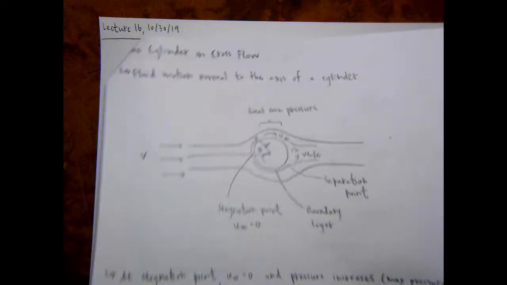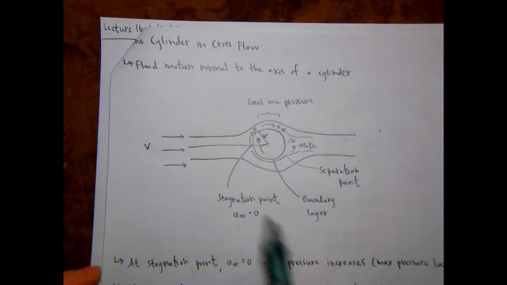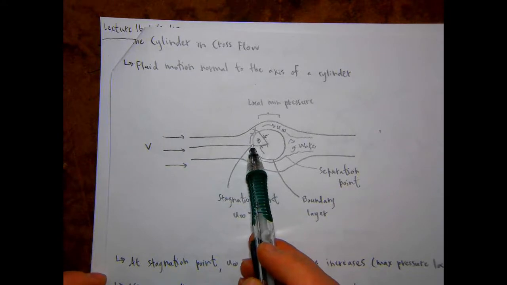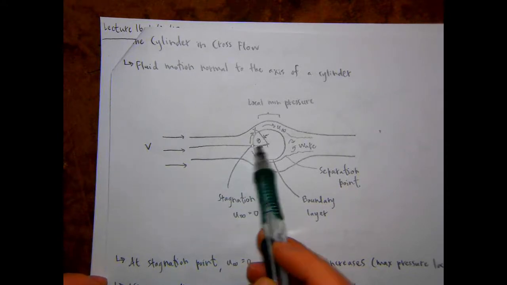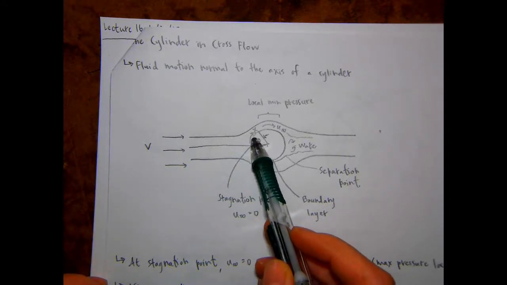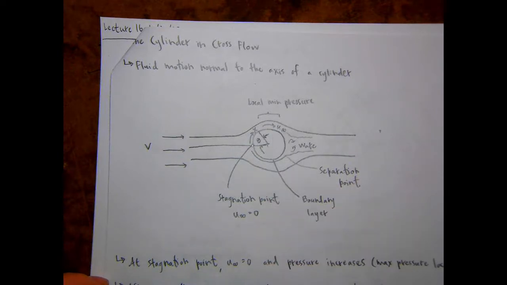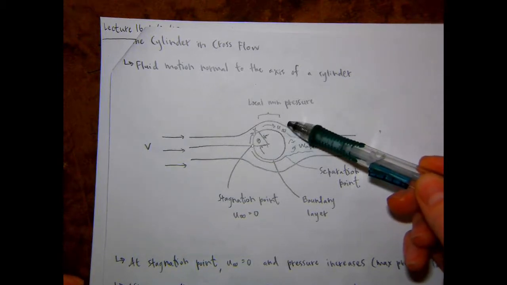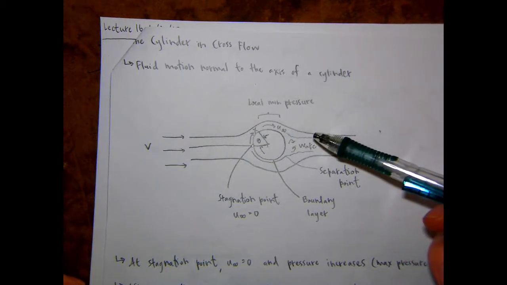So we were talking on Monday about the cylinder in crossflow and how you have, upstream of the cylinder, this stagnation point where the fluid comes to a complete rest, and then the flow moves under a favorable pressure gradient around toward the top of the cylinder. You reach some minimum pressure there, and then the flow is moving further past the cylinder under an adverse pressure gradient.